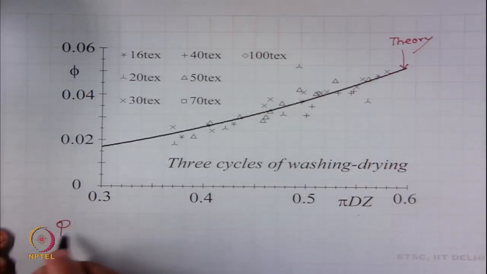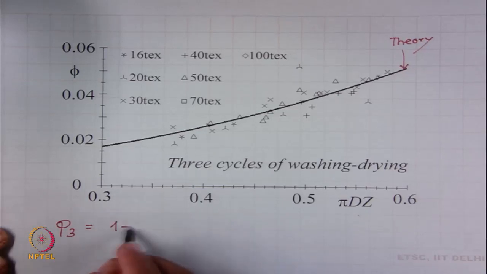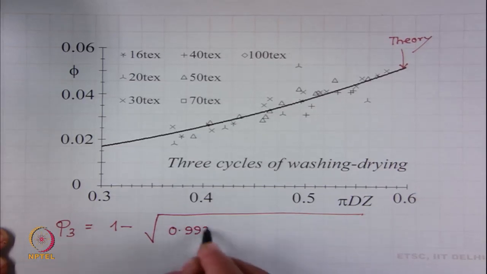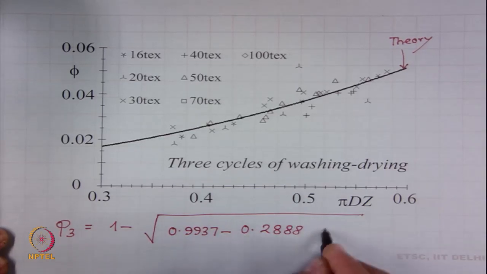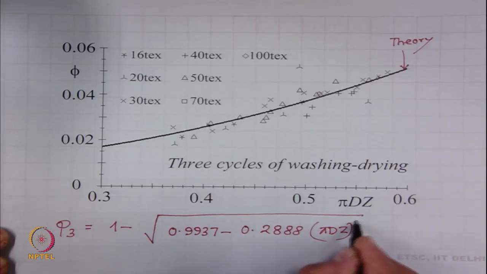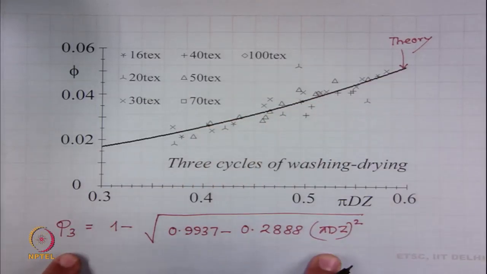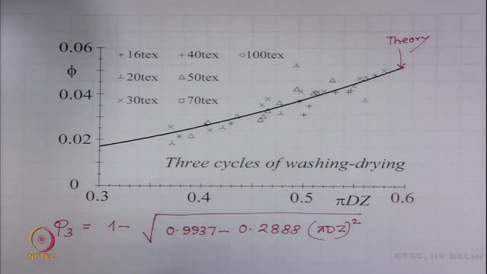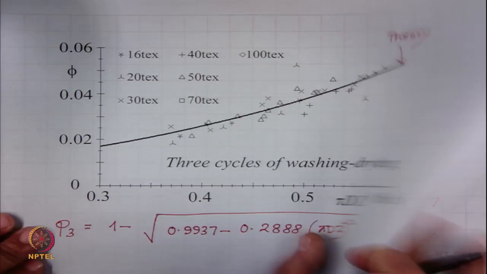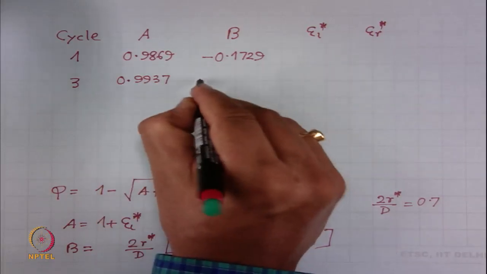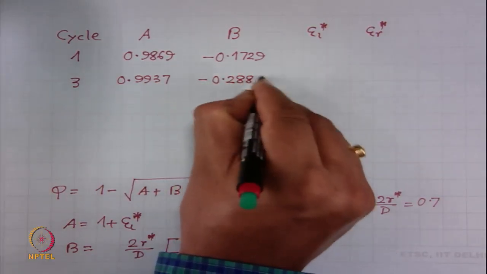So, what is the value of shrinkage after third cycle? 1 minus root over 0.9937 minus 0.2888 pi dz square. So, this line follows this equation. This we obtain from statistical regression technique. So, what is the value of A? For third cycle, the value of A is 0.9937 and the value of B is 0.2888.